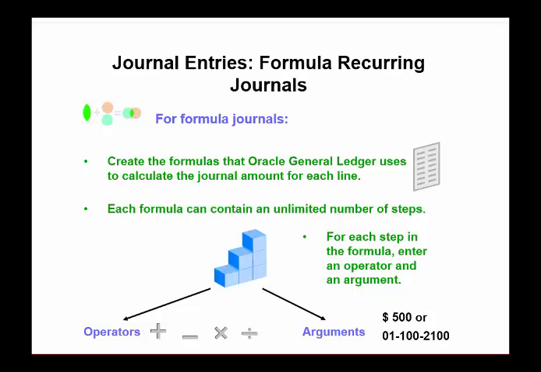Each step is using an operator and an argument, like add this number, subtract this number, and so on, in order to be able to post a particular amount to the transaction. If the formula yields something positive, then the account is debited. If the formula yields a negative, then the account is credited, especially if we are talking about assets.